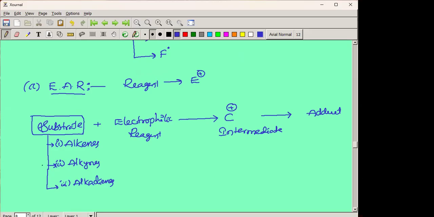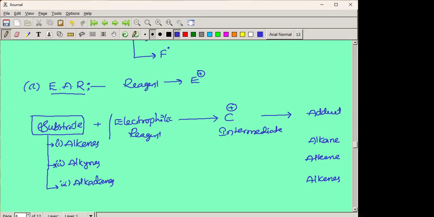If we use alkenes, the final product is alkane. If we use alkynes, we get alkene as a product. With further addition, the alkenes are ultimately converted into alkanes. That is about our product.